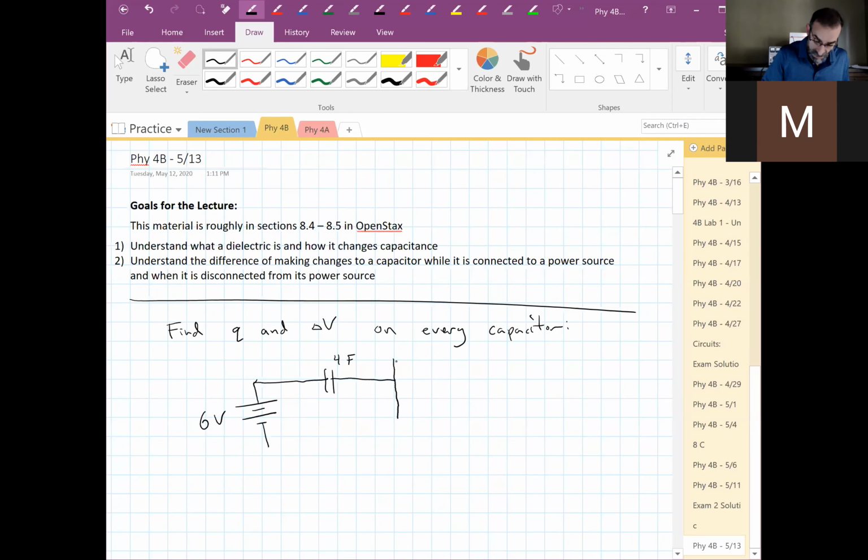Let's make it a little simpler. And we'll call this 1, 2, and 3. And so that means that 5 is going to be over here.